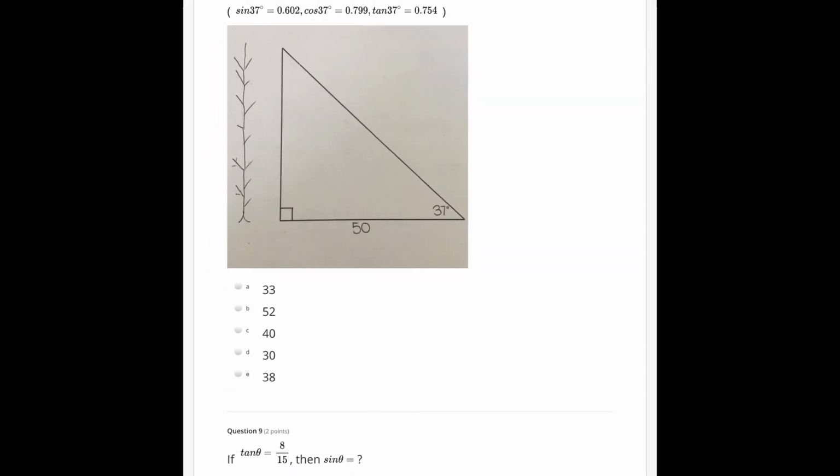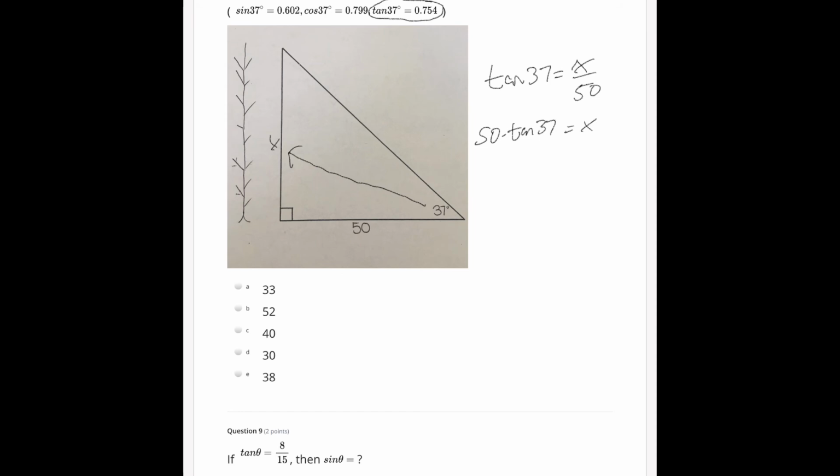All right, number 8. How tall is the tree to the nearest foot? Well, we've got to find our opposite side, and we're given the adjacent side, so we'll do tangent 37 equals, I'll just call that x over 50. x would be 50 times tan 37. And if you'll notice, they give you tangent 37 is 0.754.